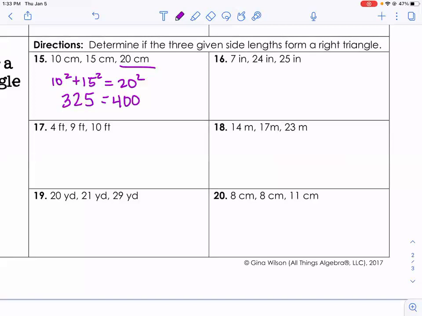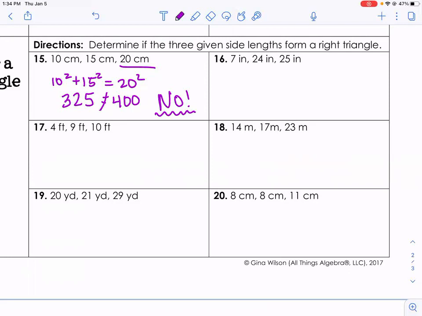Is 325 equal to 400? Oh no, we do not have a right triangle. This is either acute or obtuse. We do not know, but it is not right. It is wrong. I said wrong, you said left. We're on the same page here, Sophia.